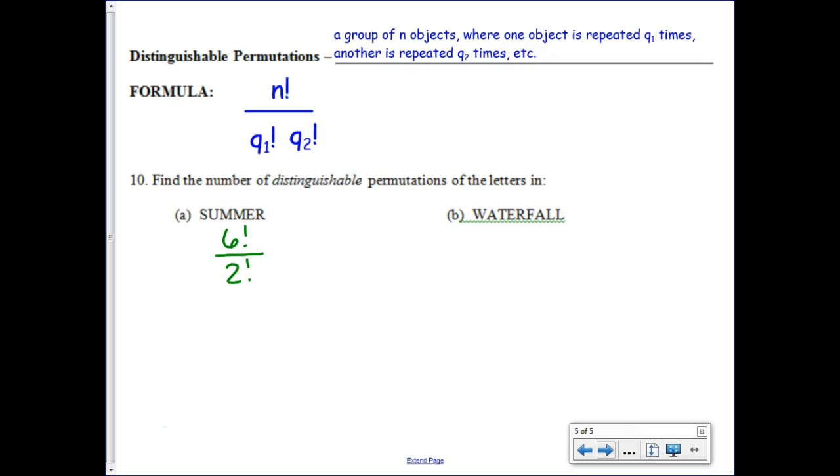We don't have any other repeats, so that's all we have to do. So 6 factorial over 2 factorial, which is 6 times 5 times 4 times 3 times 2 factorial over 2 factorial. So 6 times 5 times 4 times 3 is 360.